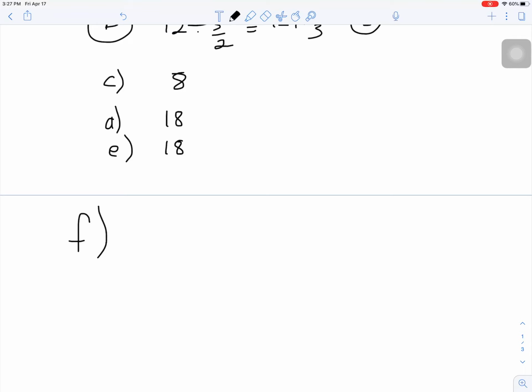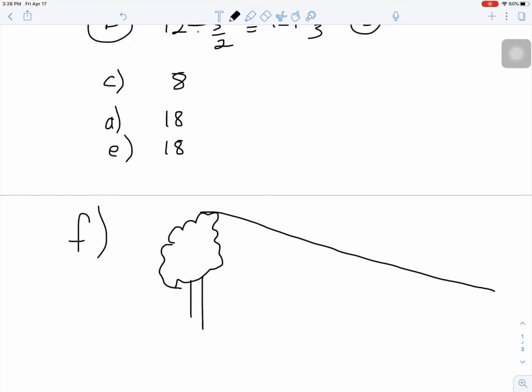if you know how this works, that should help you figure things out a wee bit. But it says here that we have a tree, and I'm quite an artist, that casts a shadow, all right, that is 18 feet long, all right, and it says that a pole, right, and that pole is 6 feet, casts a shadow that is 9 feet long.